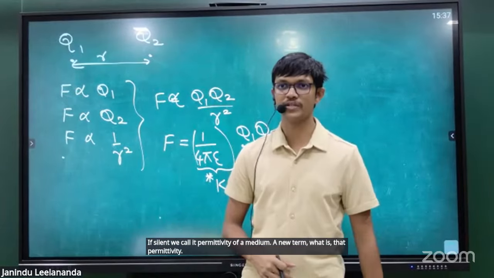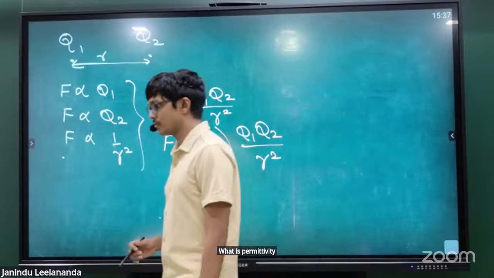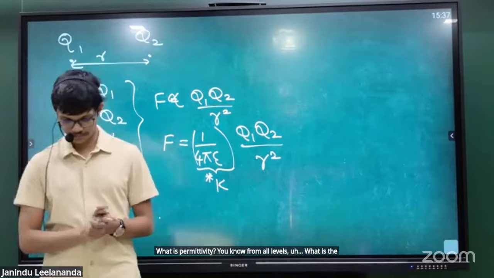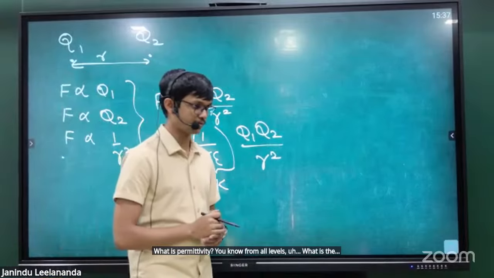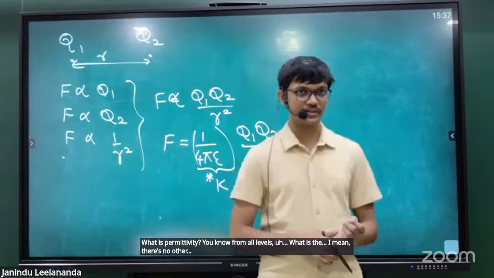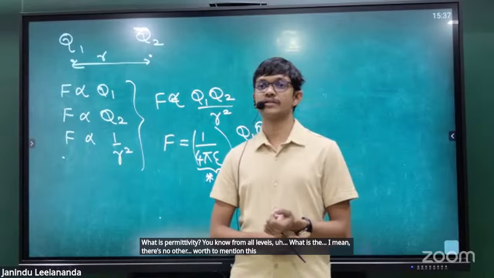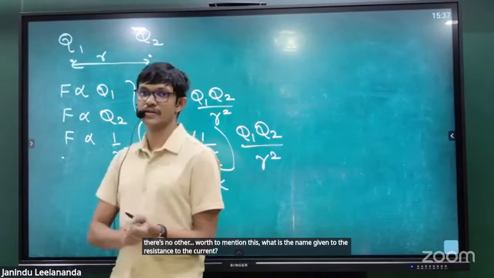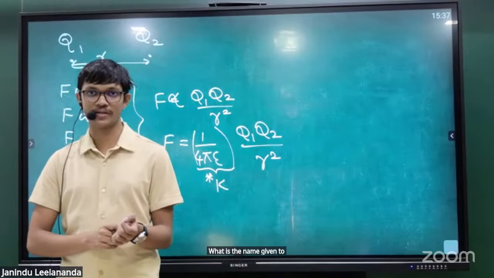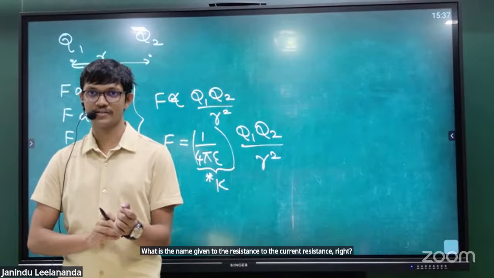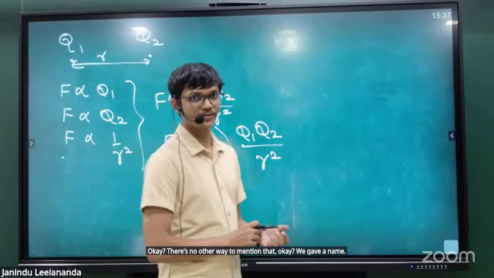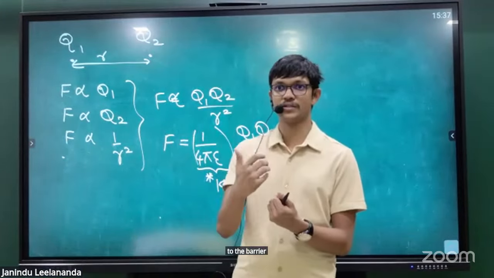Permittivity. What is permittivity? You know from O levels, there are no other words to mention this. What is the name given to the resistance to the current? Resistance, right? We gave a name to the barrier towards current.